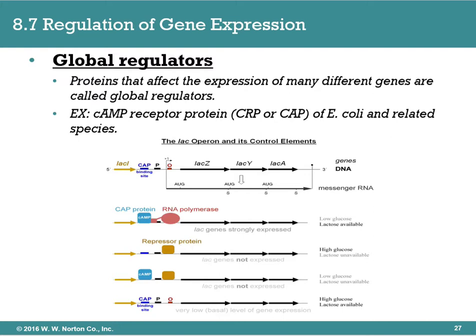What it does is exactly what it sounds like: it senses the environment. Whenever there are high levels, cAMP will bind to its protein, the CRP. It'll bind to that, which in turn will bind other sequences of the DNA.